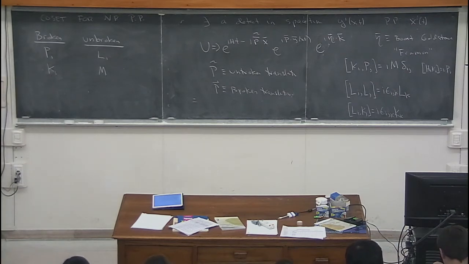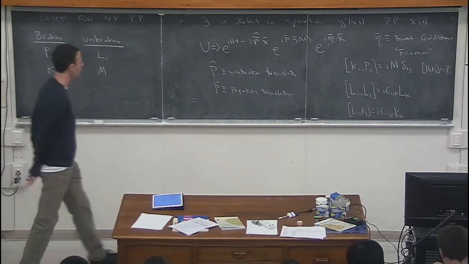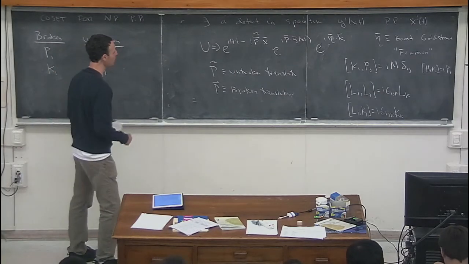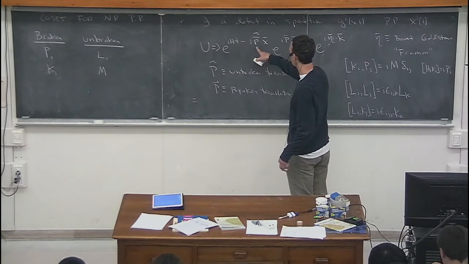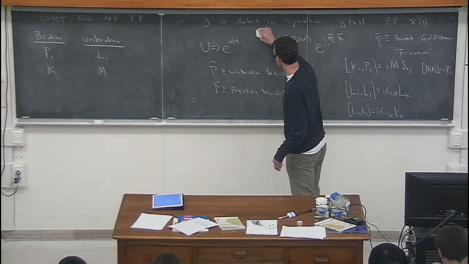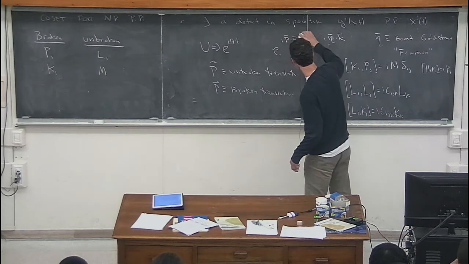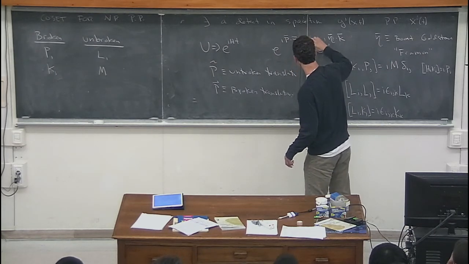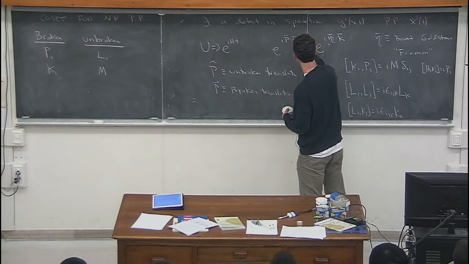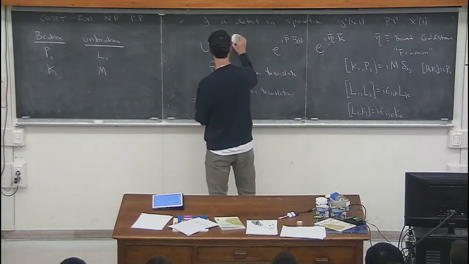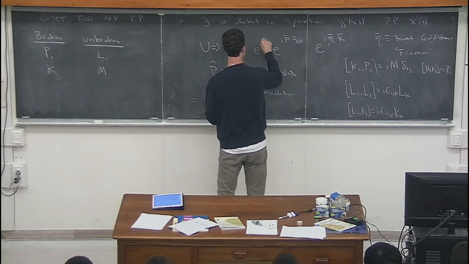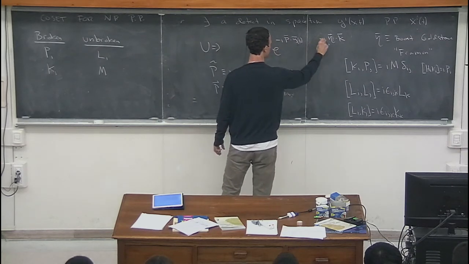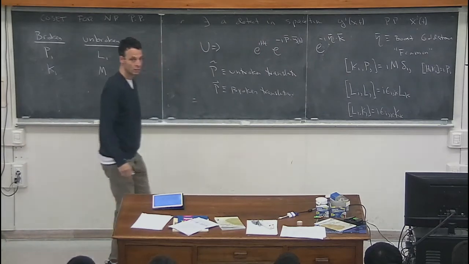So now let's modify our coset here. Now there are no unbroken translations, so that guy's gone. This y just becomes y of t. Oh, and I should put in a minus sign here. I think the convention I use is always with a minus sign.